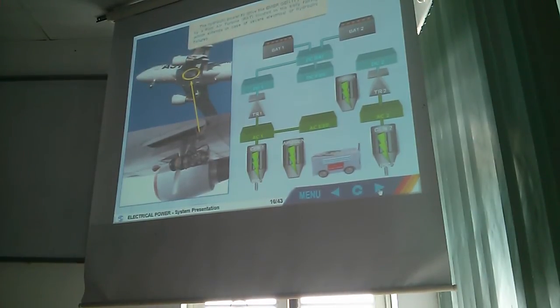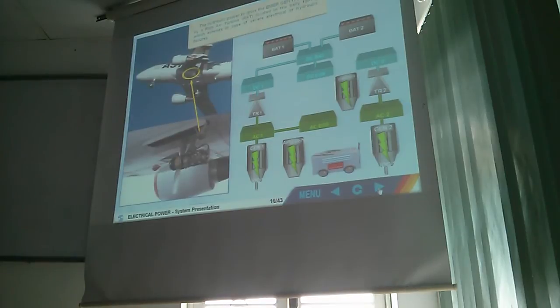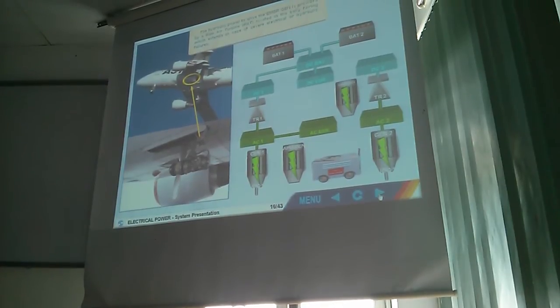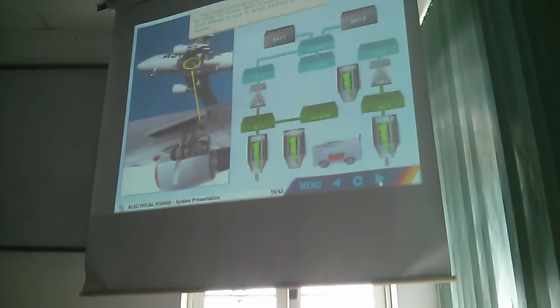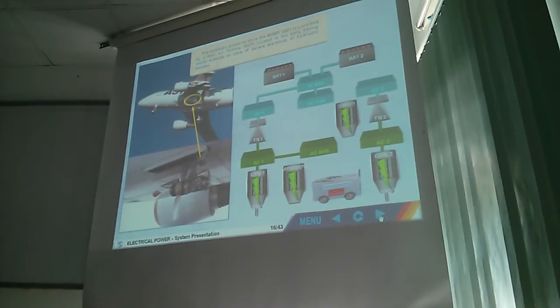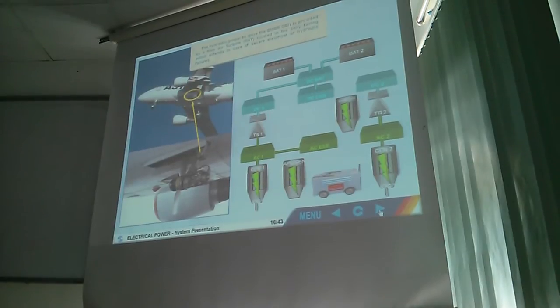Also no IDG, because the hydraulic pump is a constant speed pump. So the propeller drives a constant speed hydraulic pump, which then drives the generator. So we have two things at the same time: hydraulic backup and electric backup on your ram air turbine.